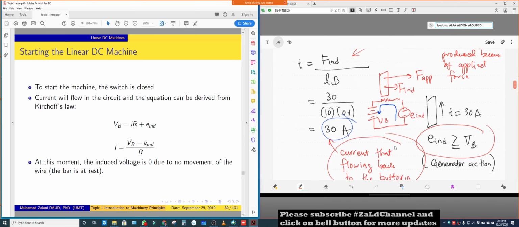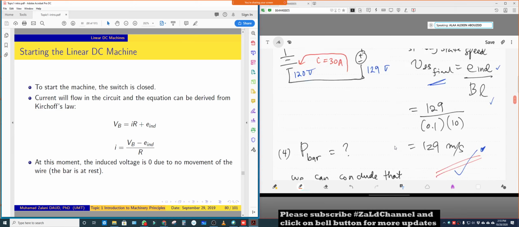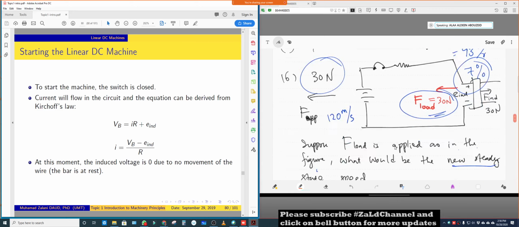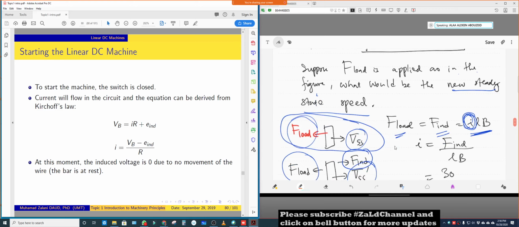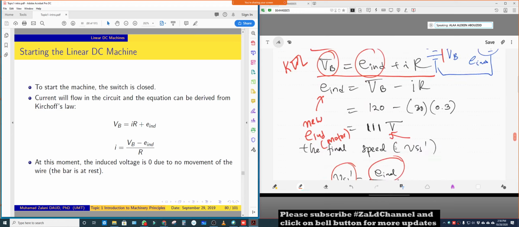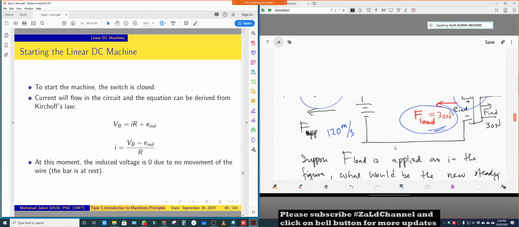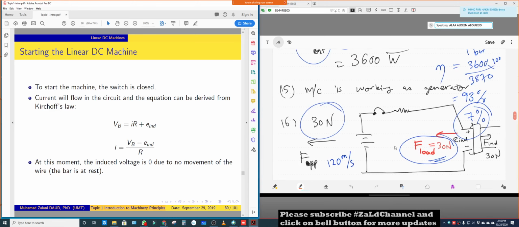If this machine is working as a motor, it means the current direction is from the battery to the bar. Inside the wire, if this machine is working as a motor, the current direction is clockwise, meaning that the battery is supplying the bar with the current.